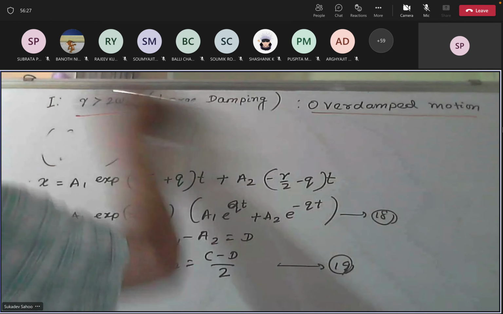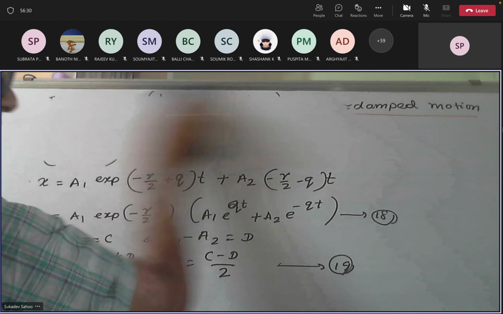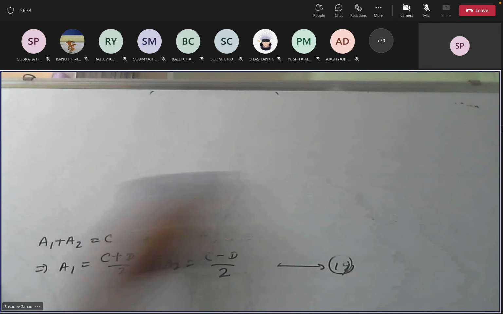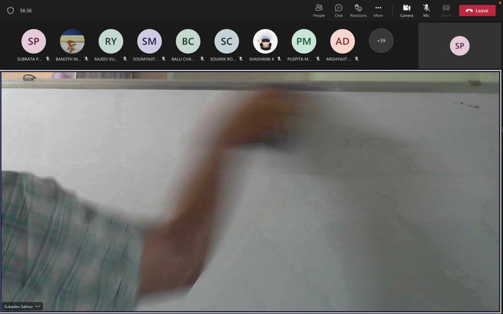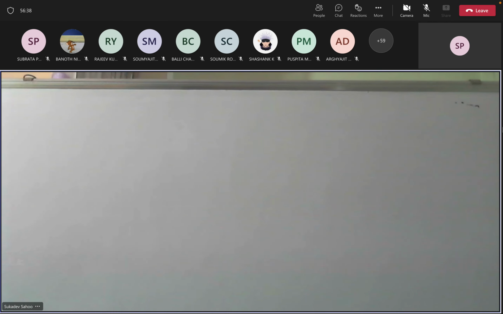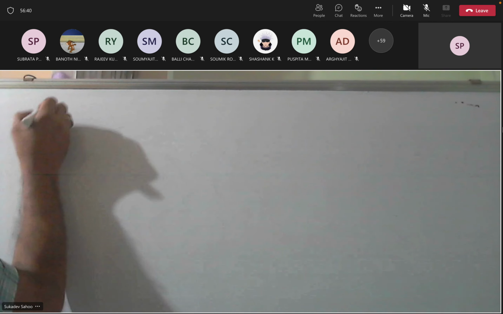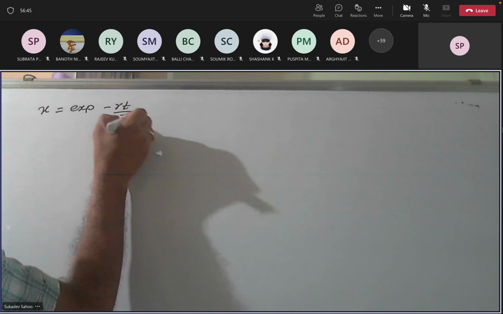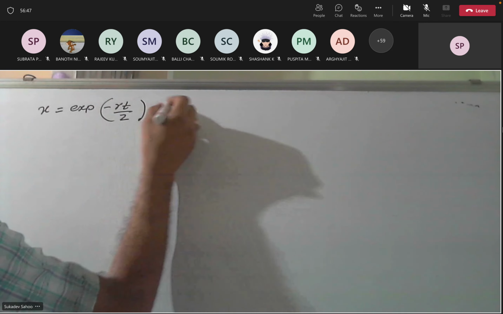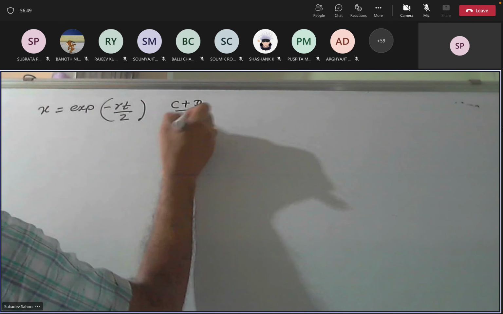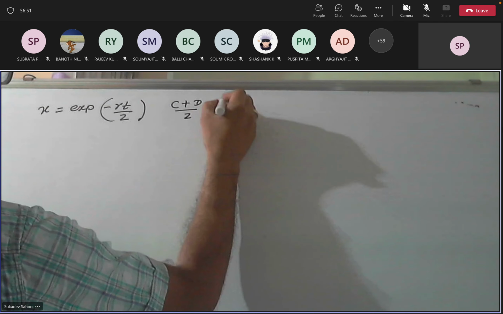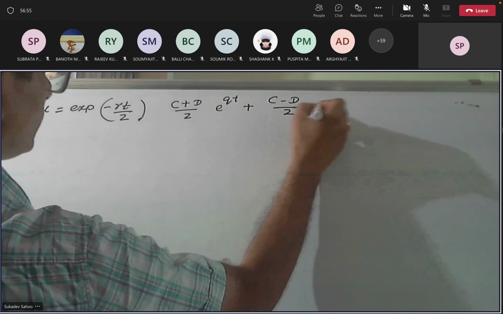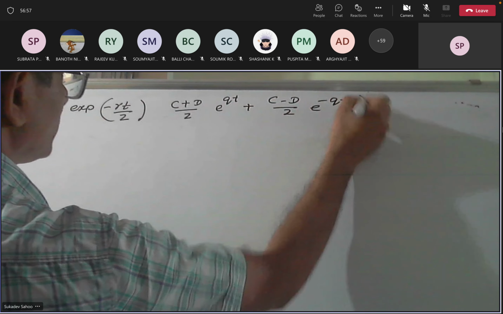Hence, substituting equation number 19 in 18, we can write x equal to exponential minus gamma t by 2, c plus d by 2, e to the power qt, plus c minus d by 2 e to the power minus qt.